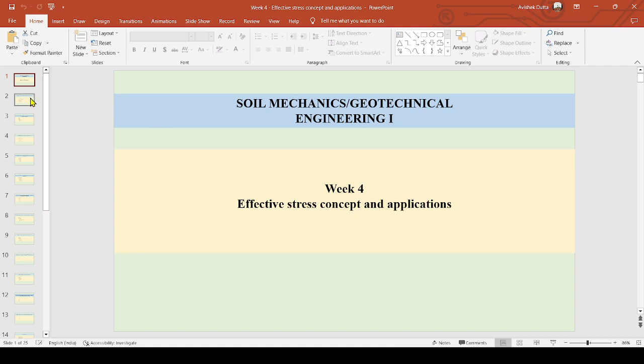And here, since the topic is effective stress, I'm going to give a brief idea with respect to the questions I dictate. A brief idea on the soil water relationship, the statics of soil and water, and how water is influencing the effective stress, its calculations, and its applications.